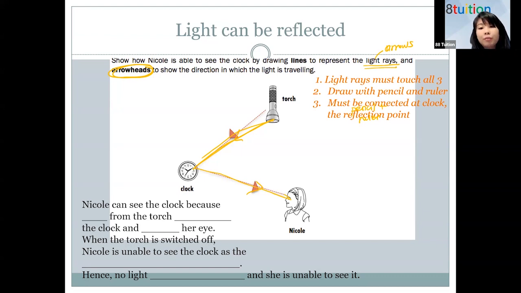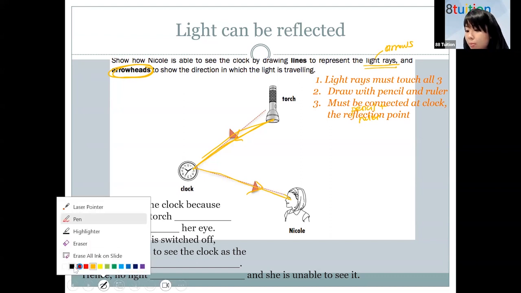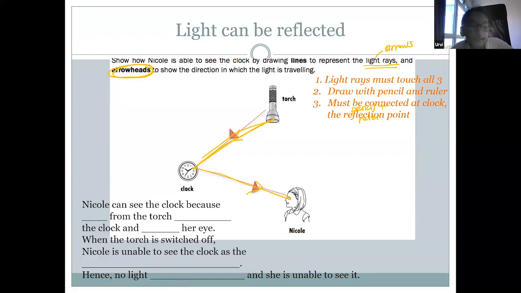All right, let's start with Irvi again. Nicole can see the clock because what? Fill in the first blank for me. A light. Good. So we are talking about the arrow here in this direction. Light from the torch. See? What's the light doing? Shines on the clock, right?